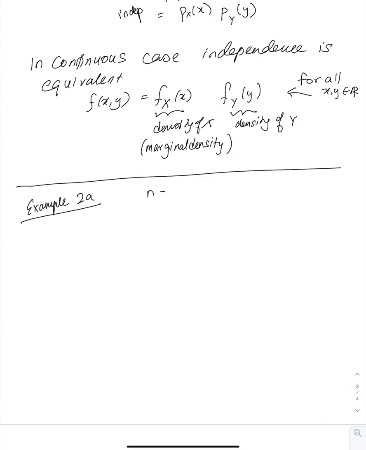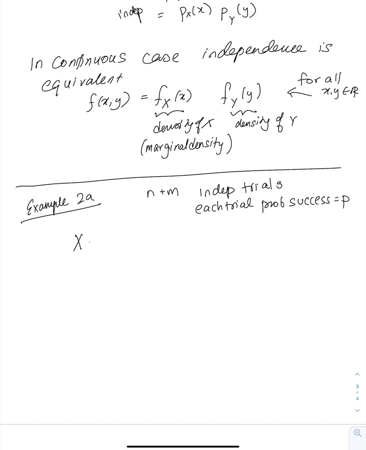All right, so you have n plus m independent trials, and each trial has a probability of success being p, the same. Okay. And you perform these n plus m independent trials.